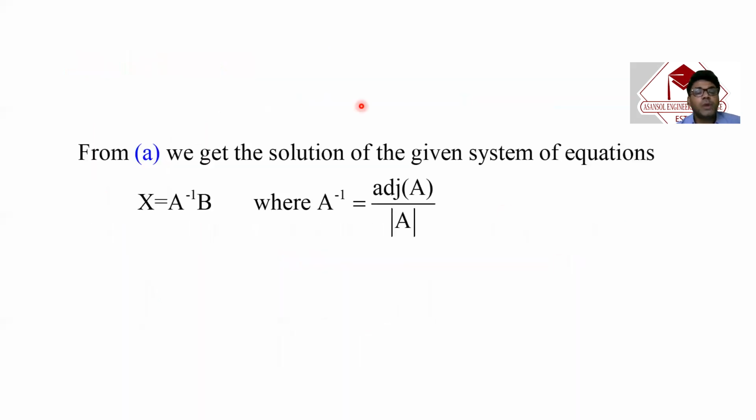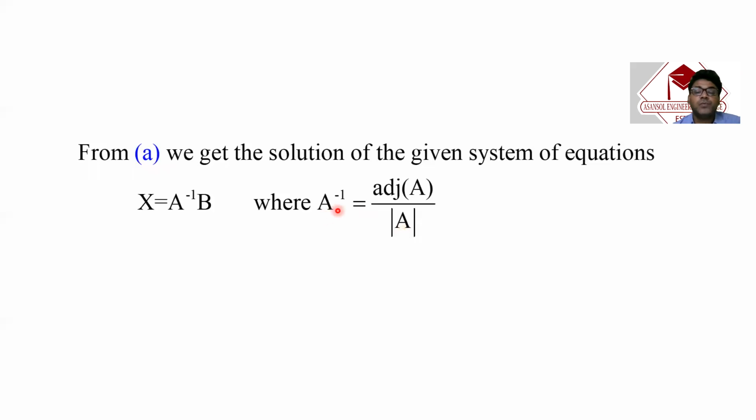From (a) we get the solution of the given system of equations by x equals A inverse b. So here you know b. What is your unknown? The main unknown is A inverse. You already know how to calculate A inverse, where A inverse equals adjoint A by det A. Again I will discuss it.